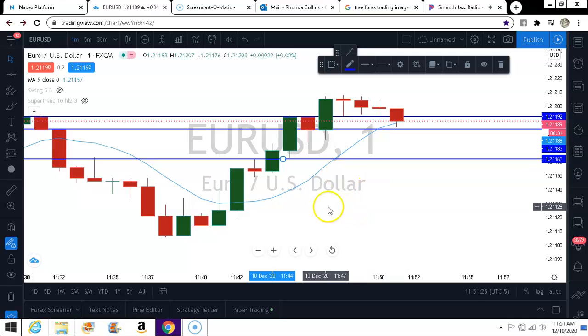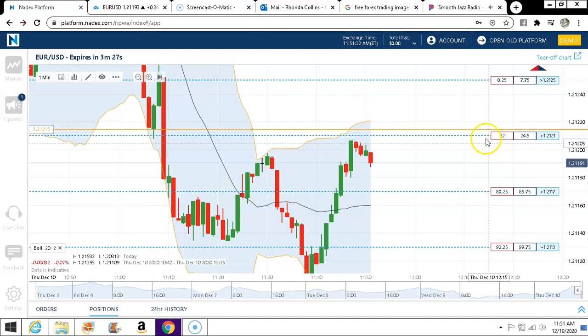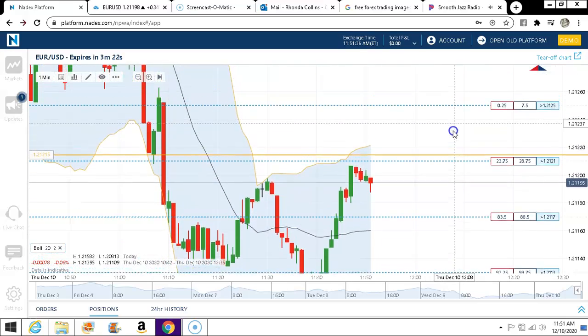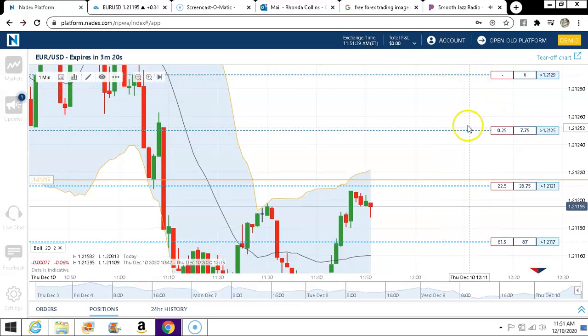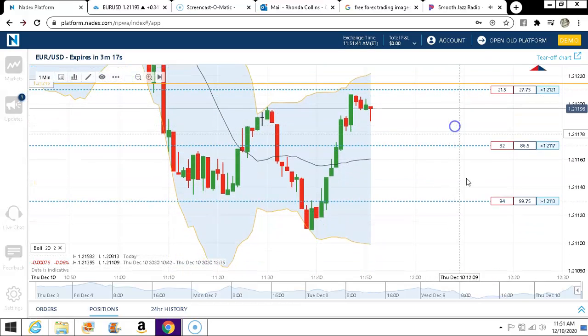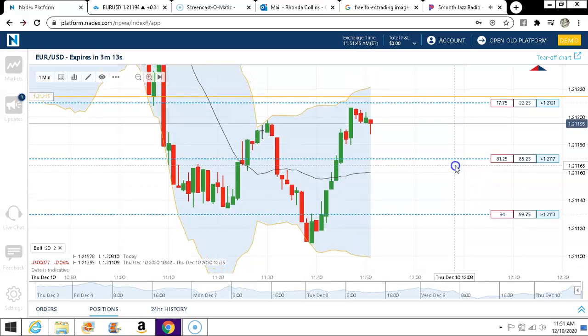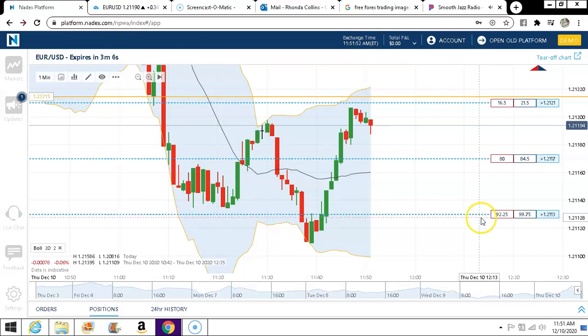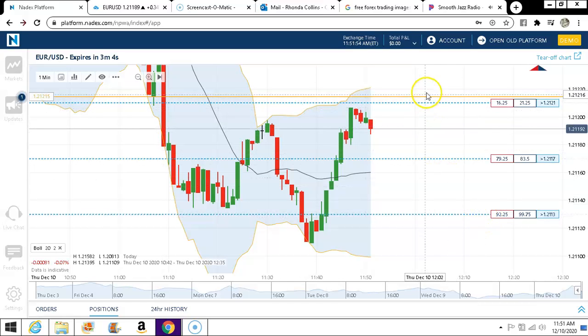So with binary options on the 5-minute side, you get 5 different strikes: 1, 2, 3, 4, and 5. With Nadex, which is nadex.com, you state whether price will remain close above or below the strike.